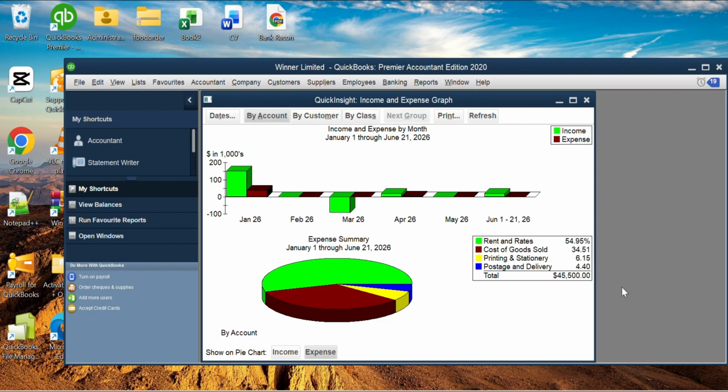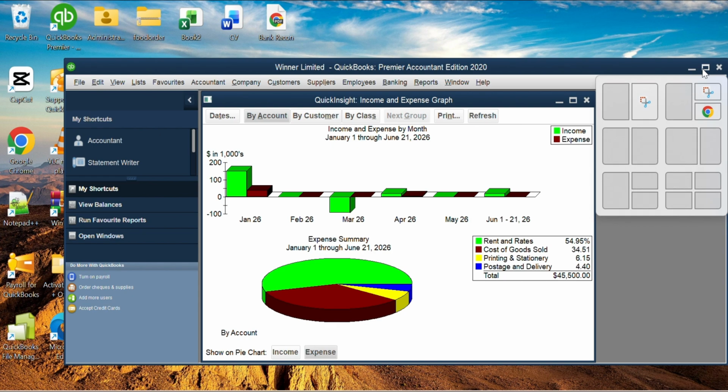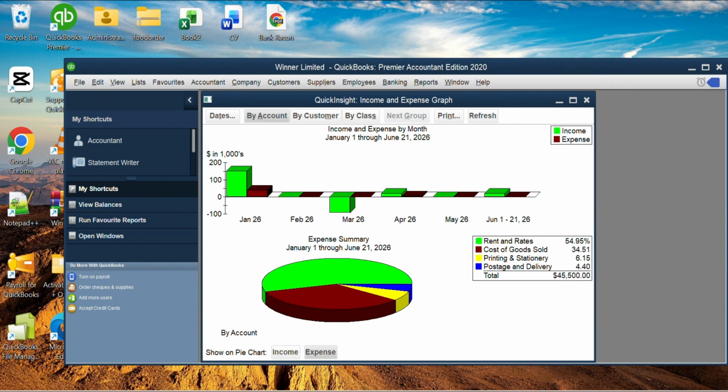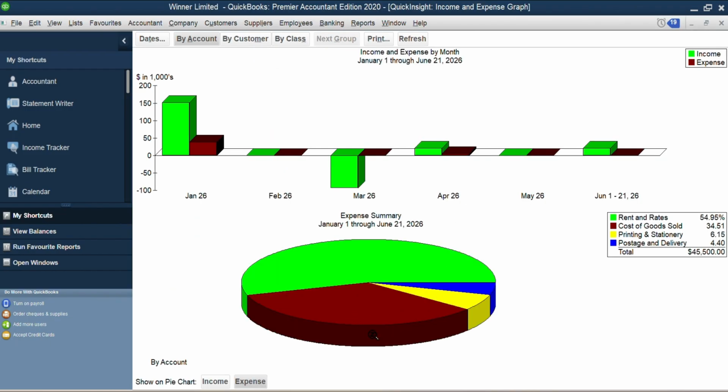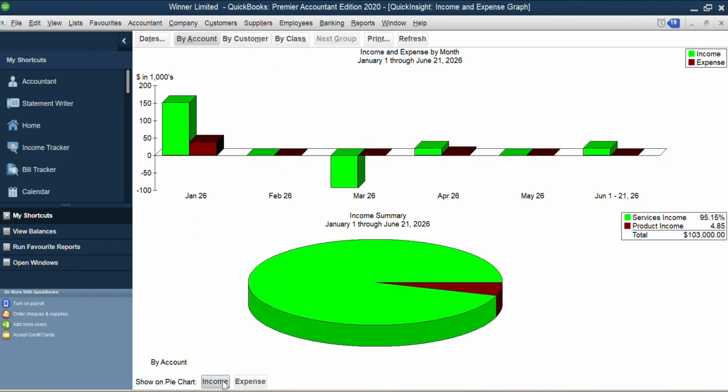You can see there, this is a type of analysis. You can compare to see how much proportion the sales make, and which expense takes the highest amount of money. You can see the proportion of sales, rent, cost of sales.